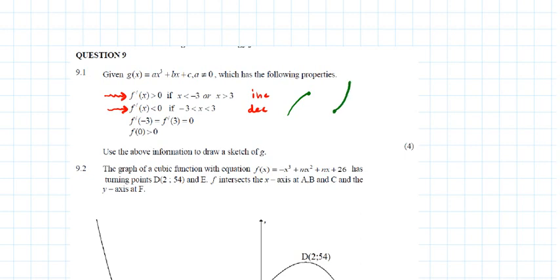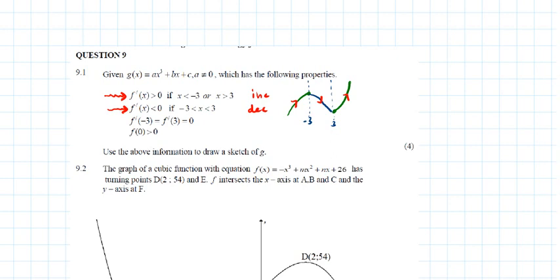So in between is decreasing. So that coordinate is -3, and this coordinate is 3. And what's happening is it's increasing before -3, in between it is decreasing, after 3 it is increasing. So the shape of the graph is in this way.